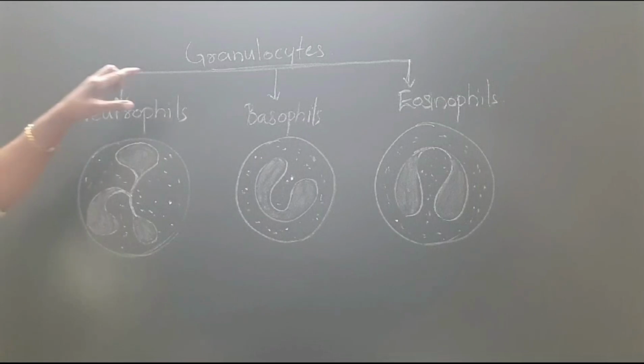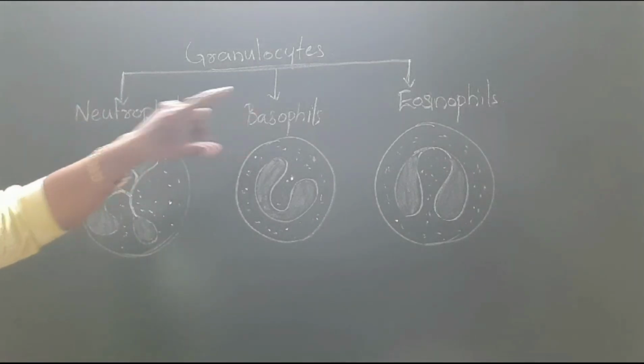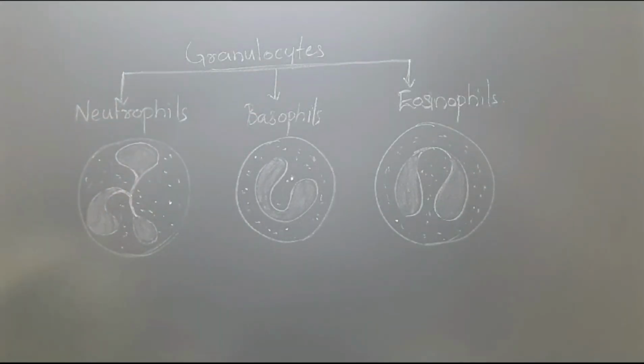Now, granulocytes are again divided into three: neutrophils, basophils and eosinophils. Neutrophils have 2 to 6 lobes of nucleus.